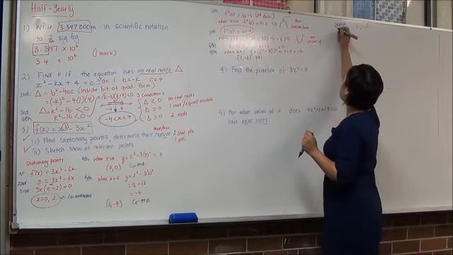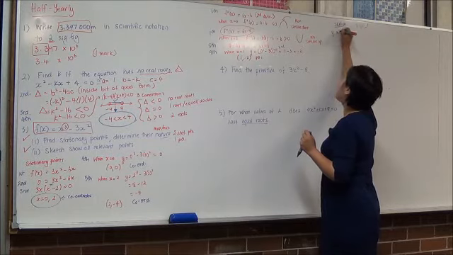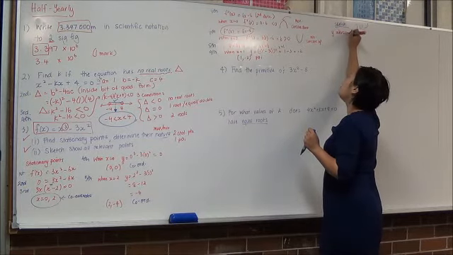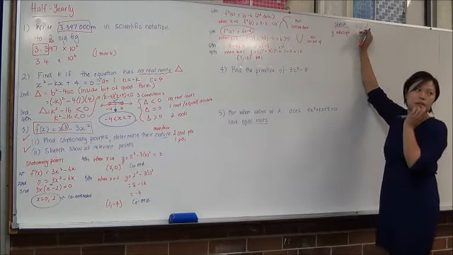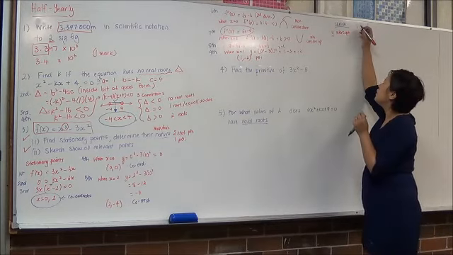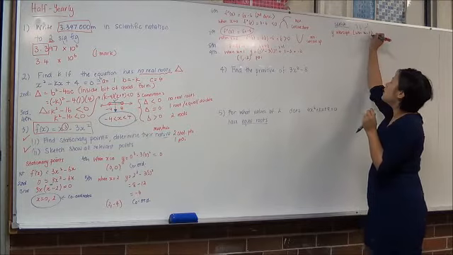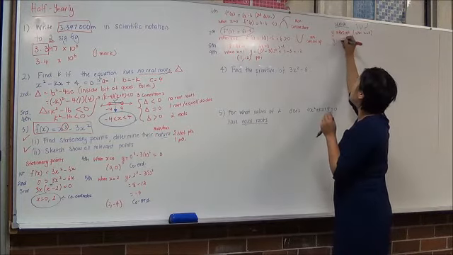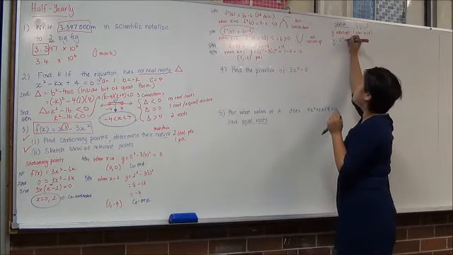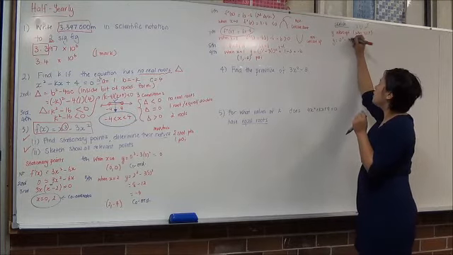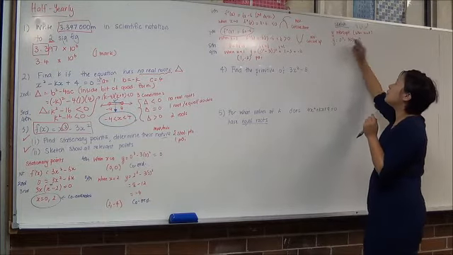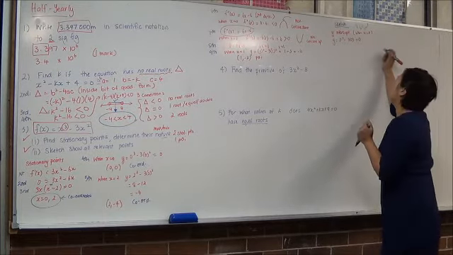Let's find your y-intercept first because it's the easiest one. What do we substitute? X equals 0. The y-intercept occurs when x equals 0. So substituting this in, 0 cubed minus 3 times 0 is 0. Remember, it's always the original when we're looking for coordinates.